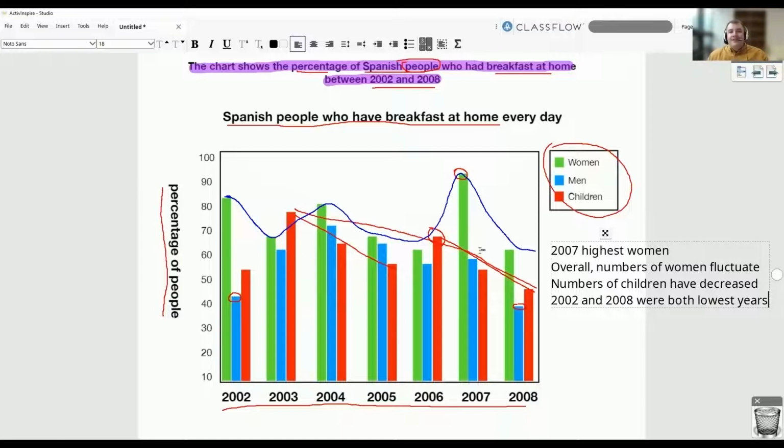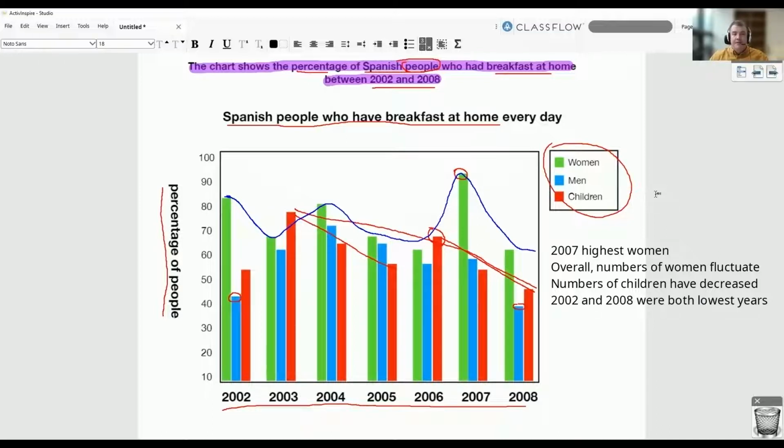So that's your first step when you approach. When you sit down and you look at the graph in front of you in the exam, your first step is to process the information in this way. Obviously, you have a limited time to do that.